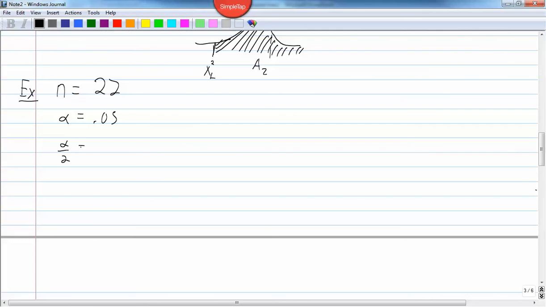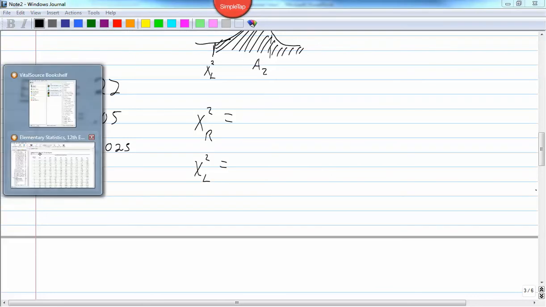So alpha divided by 2 is 0.025. And then we figured out we would use this area to get our chi-square sub r term, and we'll use the area of 1 minus this, or 0.975, to find our chi-square sub L term. Let's go to our chart.